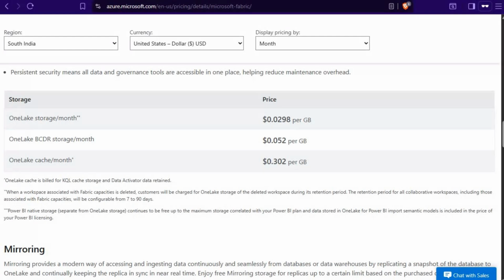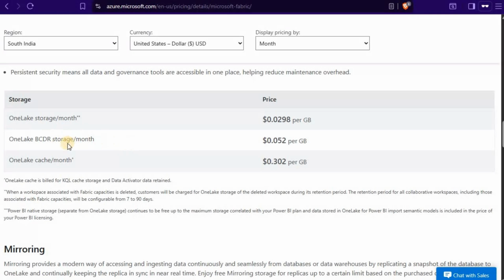According to the pricing details, OneLake standard storage cost is close to $0.0298 per GB per month. This is the rate for your primary data stored in Fabric's OneLake. For example, 1 TB of data would cost around $29 to $30 per month at that rate.